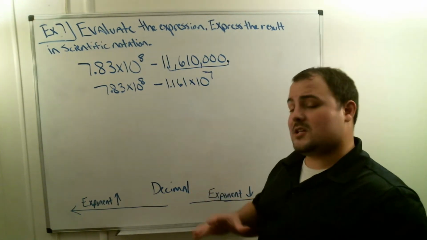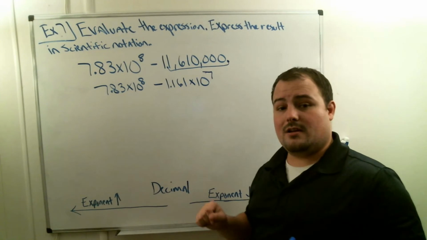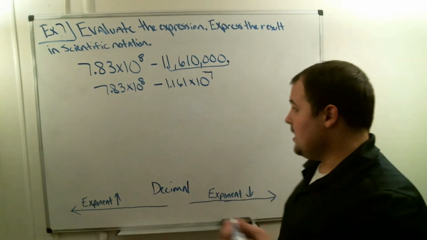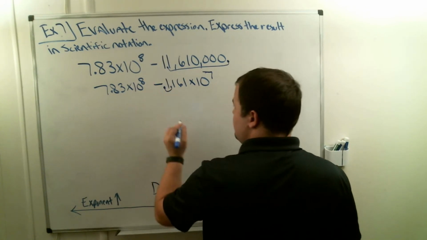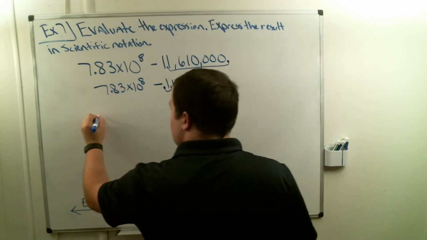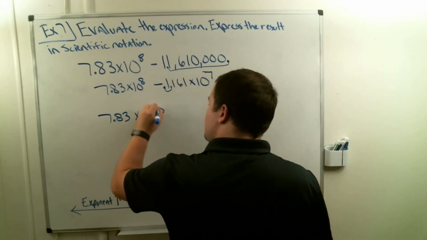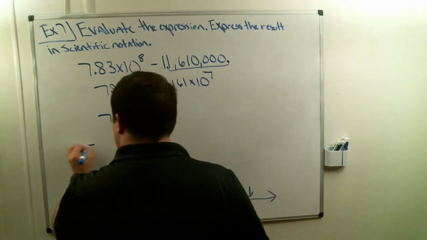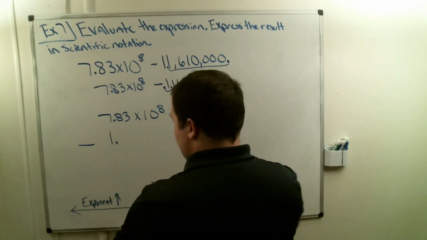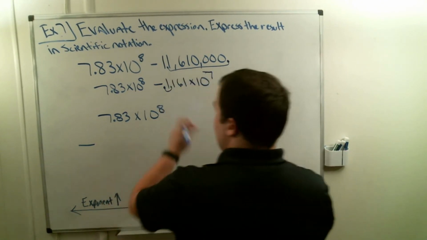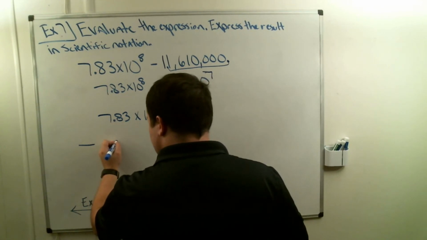All I have to do is ask myself, how many times do I have to move the decimal to make a 7 go to an 8? Well, I only have to move it 1 time. So I'm going to grab this decimal and move it 1 spot over to the left. So really, this is 7.83 times 10 to the 8th power minus 0.1161, so I'm going to put my decimal down here.